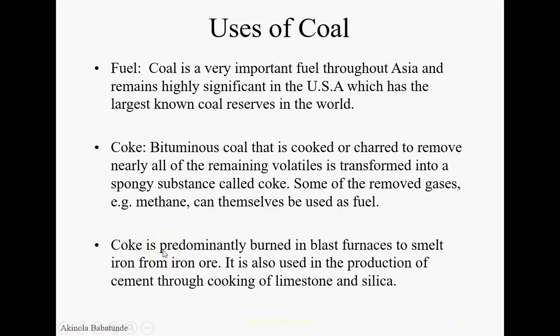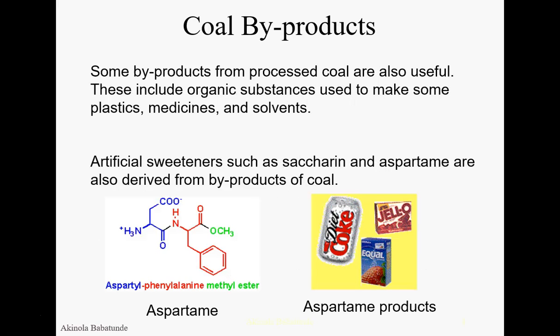Coke has many uses. It is predominantly burned in the blast furnace to smelt iron from iron ore. It is also used in the production of cement by cooking limestone and silica. Some byproducts from processed coal are also very useful. We've talked about a couple of them. These include organic substances used to make some plastics, medicines, and solvents.